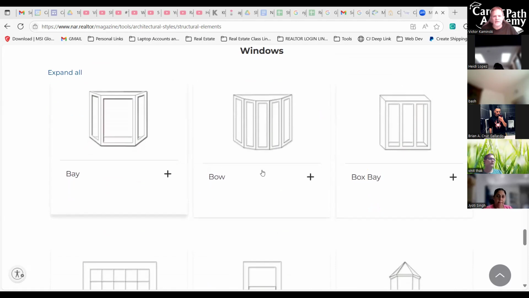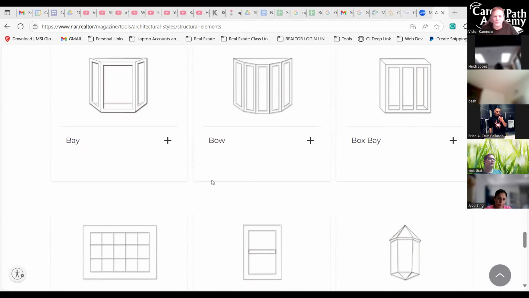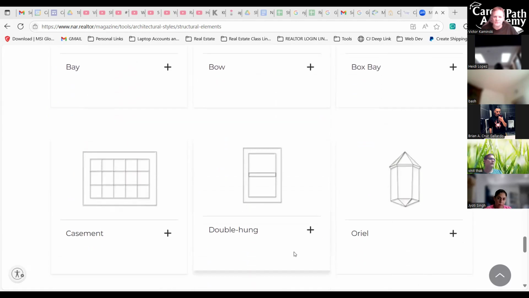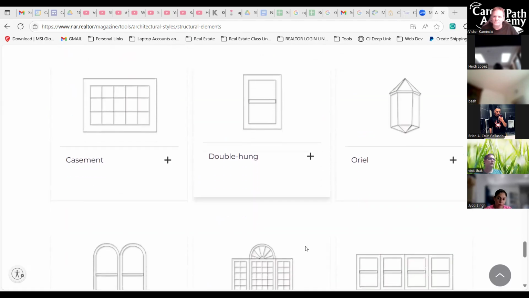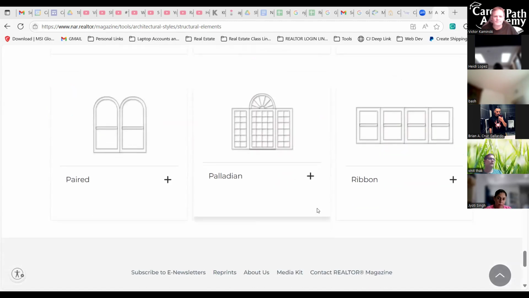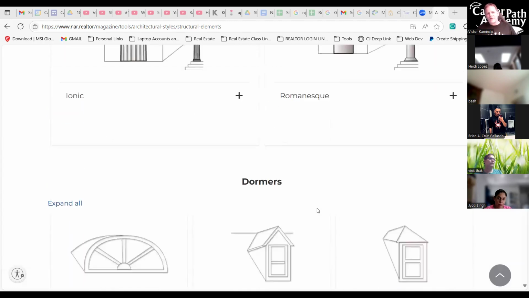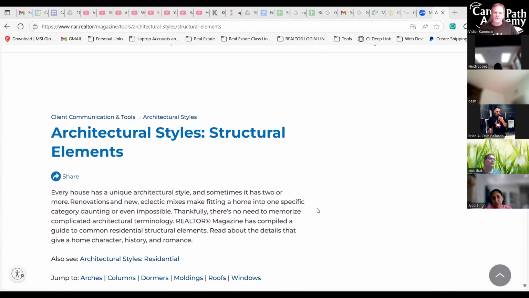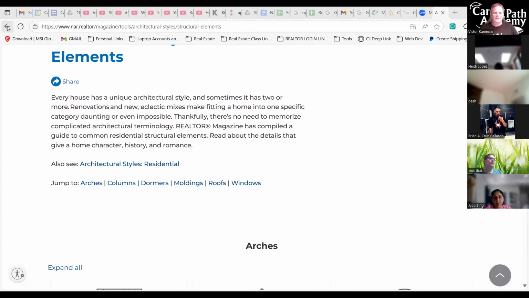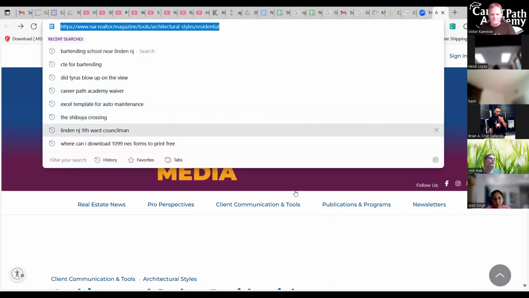You got your box bay, your bow, your regular bay windows, casement windows, double hung. Rarely see any of these. Anyway, it's not a great architectural style guide, but it's better than nothing. You know, so yeah, I'll share that link with you.